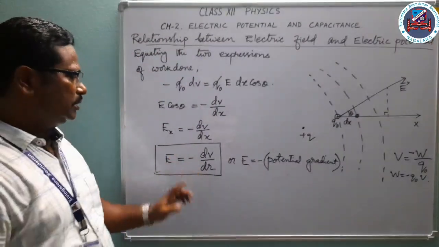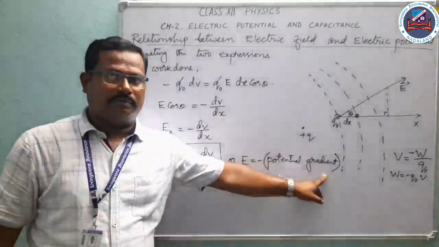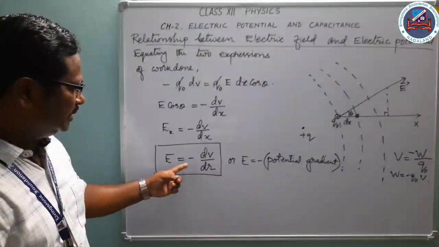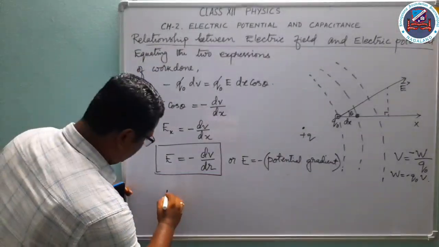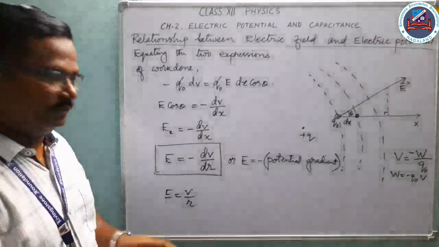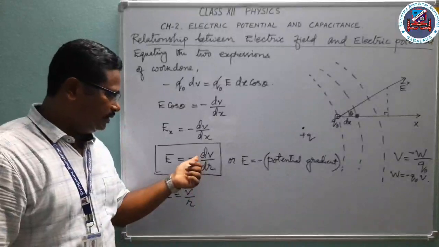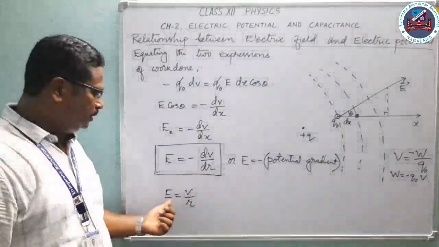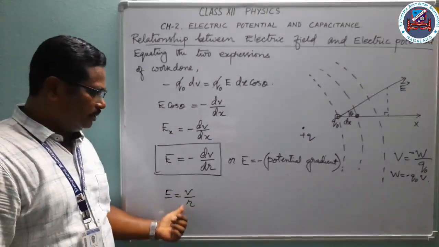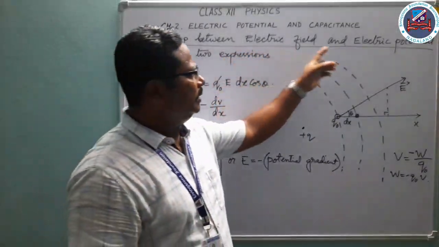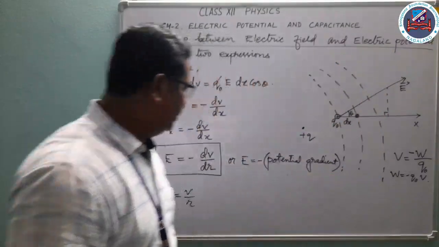This dV by dr is also known as potential gradient. In the next coming topics, we will be using this as E is equal to V by r. In most of the derivations we will be using this one. Here we are doing in terms of small quantities, so we are doing dV by dr in differential form. But later on we will be using it in this way. So this is the relationship between electric field E and electric potential V.